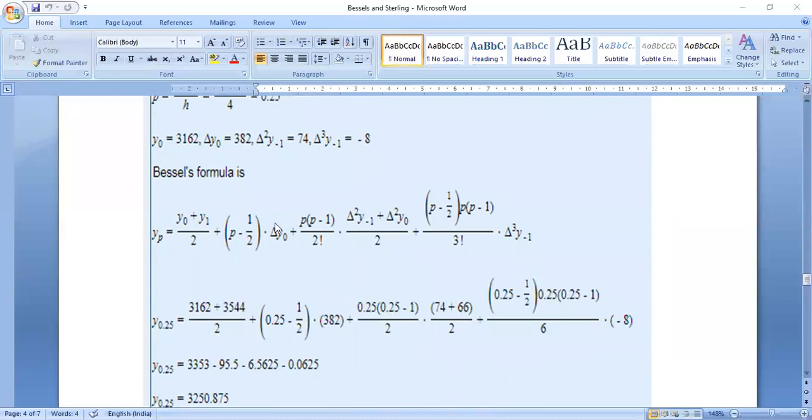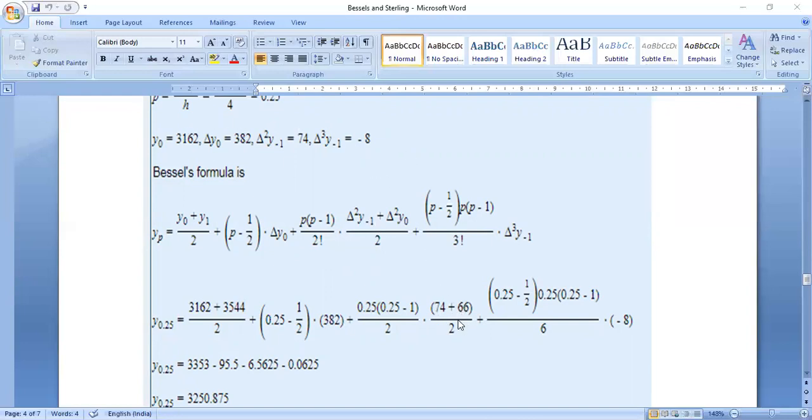Now I am going to substitute all these values in the given Bessel's formula. Then yp is equal to y naught 3162 plus y1 3544 divided by 2, plus (p minus 1 by 2), so 1 by 4 minus 1 by 2 becomes minus 1 by 4, into 382, plus p into p minus 1 divided by 2 factorial, which is 1 by 4 into 1 by 4 minus 1 divided by 2 factorial, and the delta square y minus 1 and delta square y naught we have already found out.